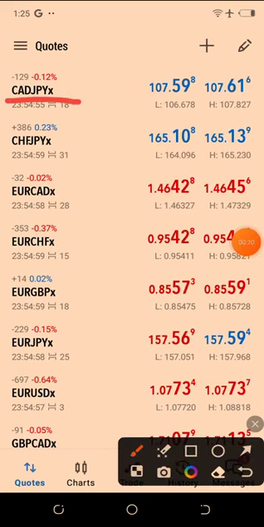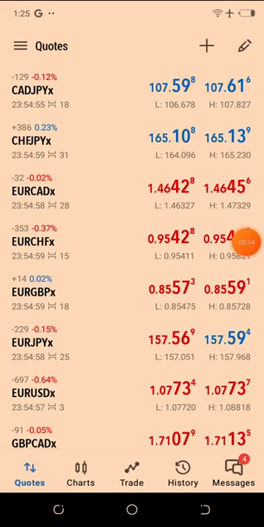Look at this. This is CADJPY. Now, this is how they write the pairs that you can trade on Forex. Remember, every currency is represented by 3 letters.